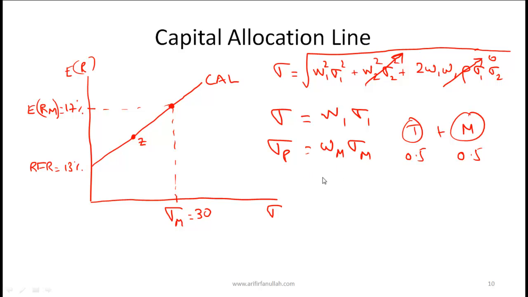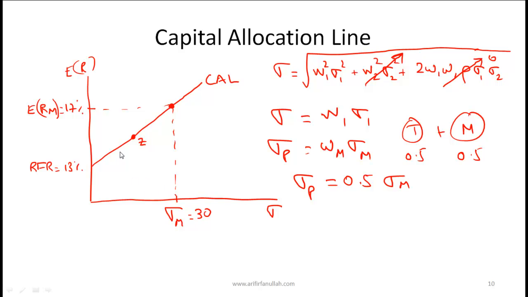So if the weightage is 0.5, then for a portfolio with a 50% weightage in the market portfolio, the standard deviation will simply be equal to 0.5 times the standard deviation of the market. So this is an extremely important point. The other important point that I will repeat is that the capital allocation line now represents the highest expected return for a given level of risk, assuming that you can invest both in risky and risk-free assets.